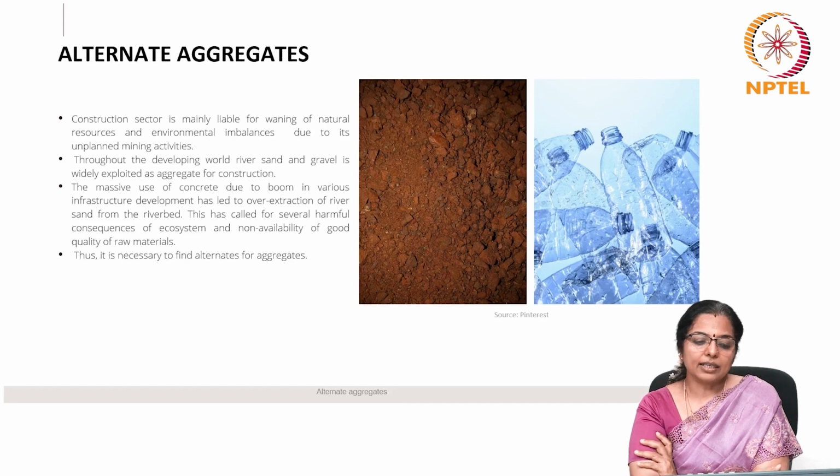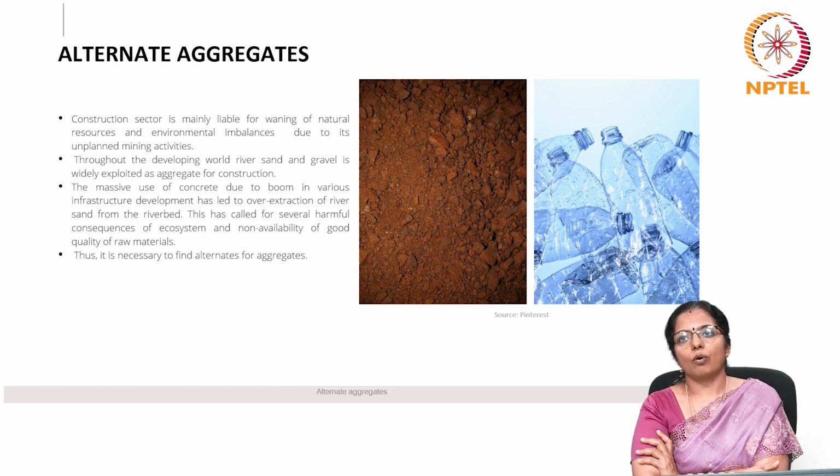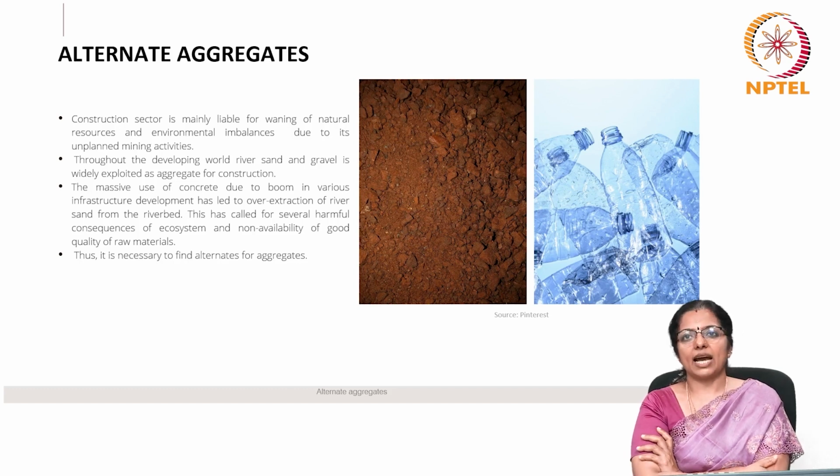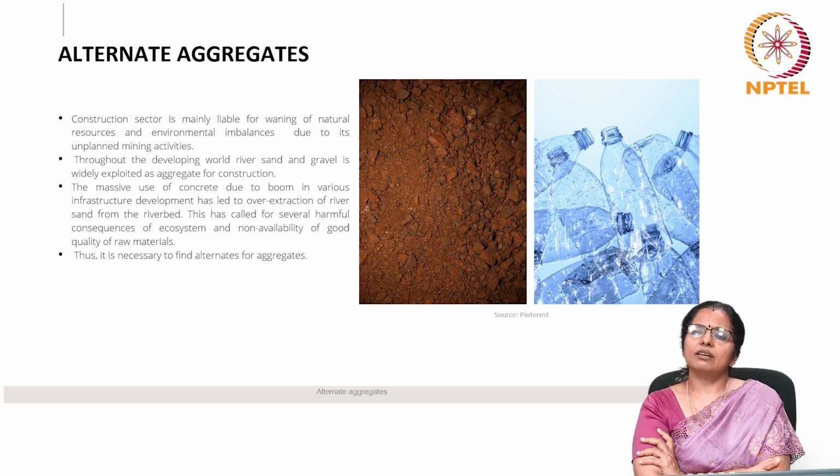Now, the use of alternate aggregates in the construction sector is mainly due to the depletion of natural resources and environmental imbalances caused by unplanned mining activities. Throughout the developing world, river sand and gravel is widely exploited as aggregate for construction.